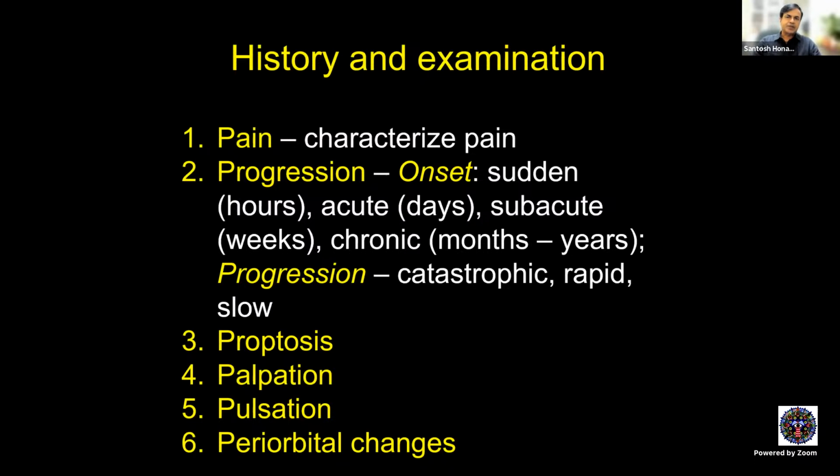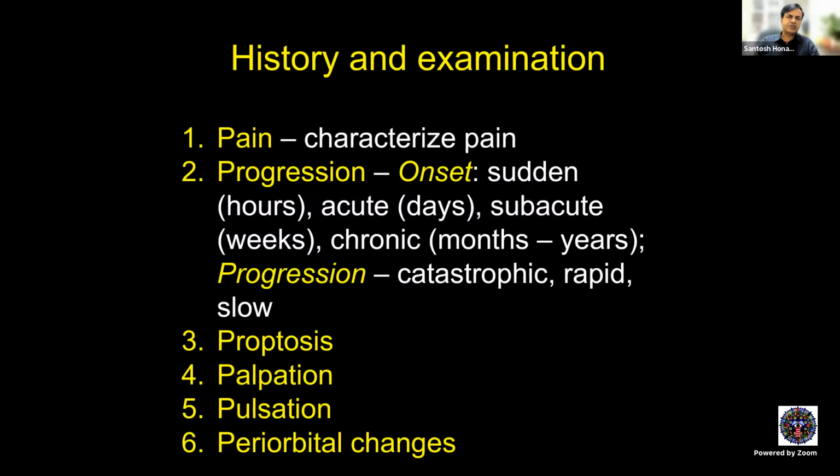This has already been explained to you, I believe. But it's always good to know, whenever you are thinking of differential diagnosis, the progression, the second P, which has two components. One is onset and second is progression itself. Onset is sudden when it is in terms of hours, generally infections. Acute, in terms of days, could be a rapidly growing neoplasia, round cell tumor especially, or a tumor that has undergone necrosis, or even infection and very aggressive inflammation.